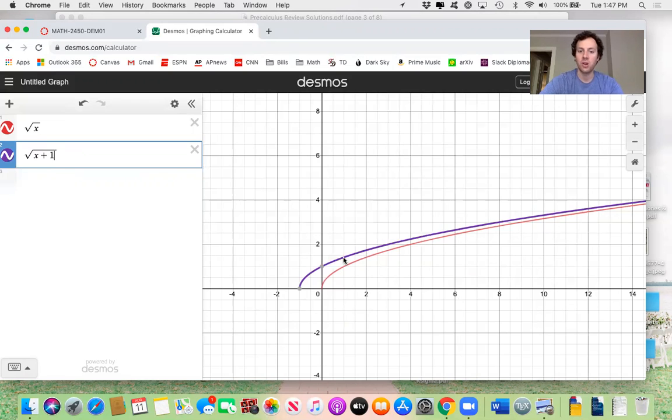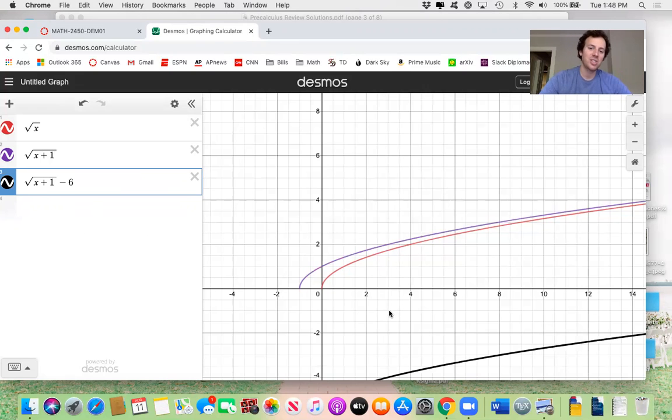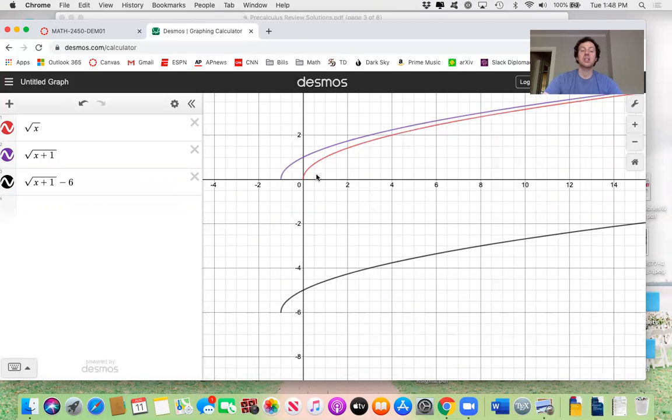Is there some point on the graph corresponding to that x value? To the left of -1, there just isn't a function at all. And then that -6 out there just says, kind of like the transformation problem, we shift the whole thing down, which changes the function, but doesn't affect which x's we're allowed to put in.